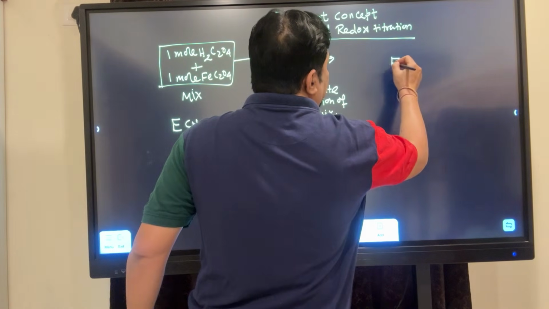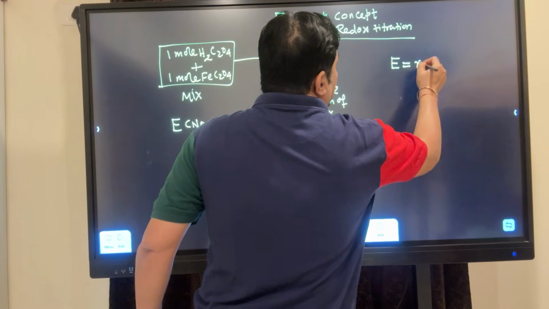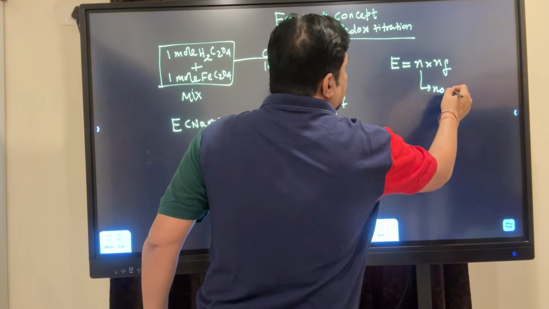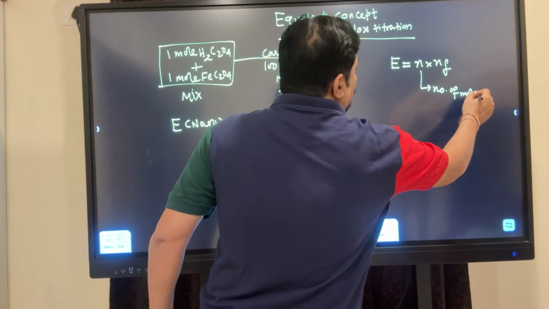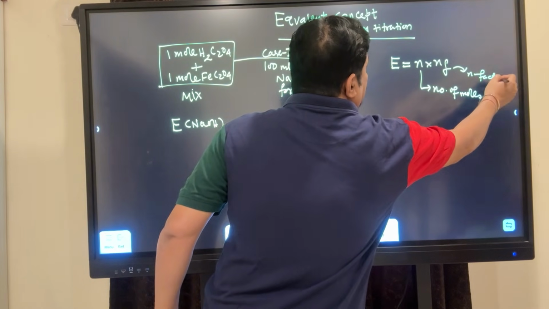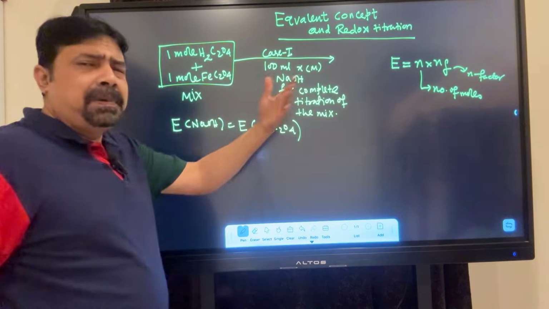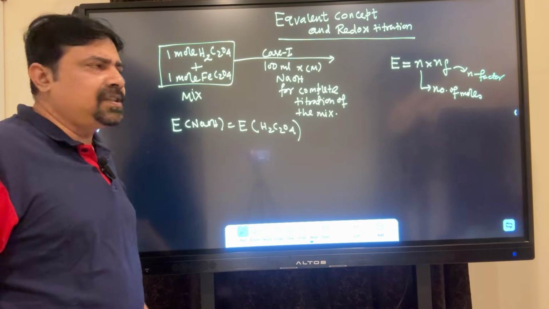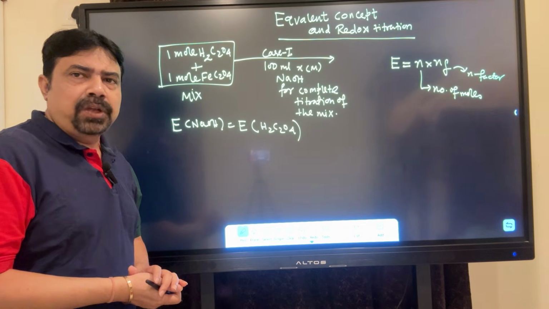Then equivalence equals to what we know? There are two ways we can represent the equivalence. Number of moles into N factor or valency factor. This is number of moles, number of moles into N factor. This is the N factor. That is nothing but your equivalence, or some people used to call it gram equivalence. Whatever way you call it, equivalence is nothing but number of moles into N factor.